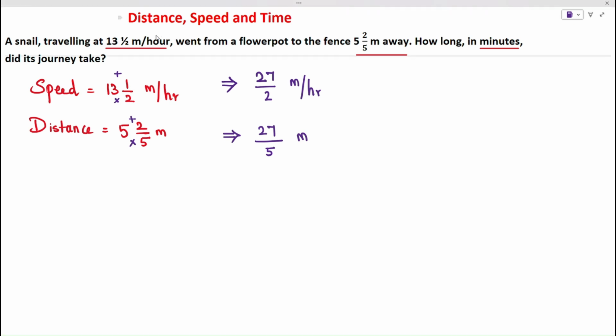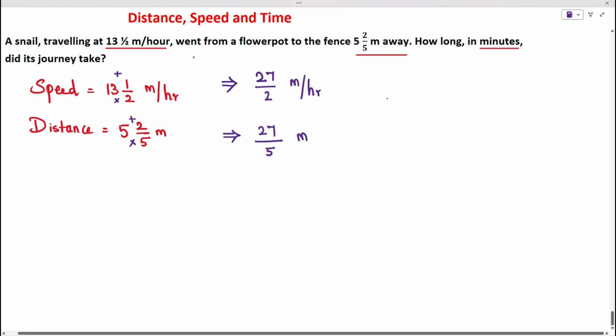Now we can choose to either convert our speed in meters per hour to meters per minute, or we can continue like this and find our time in hours and then convert it to minutes.